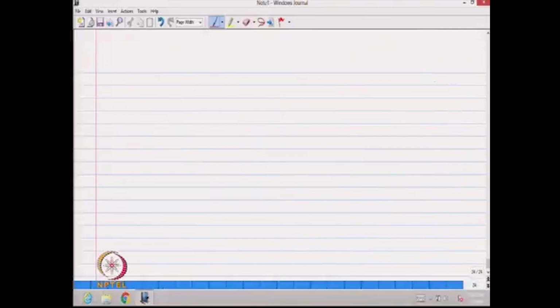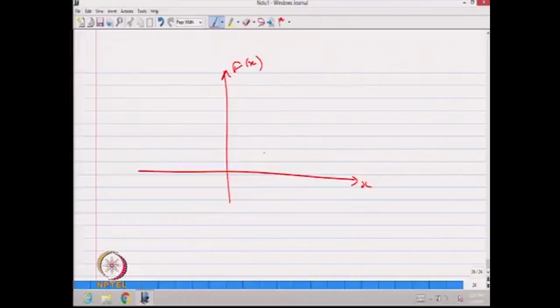We can draw the diagram for this nicely. When x takes a value from minus infinity to 0, it is 0. At 0, there is a jump of height 1 by 4. I am not scaling the graph.